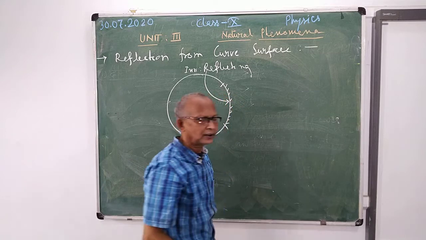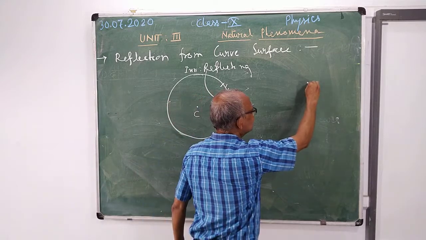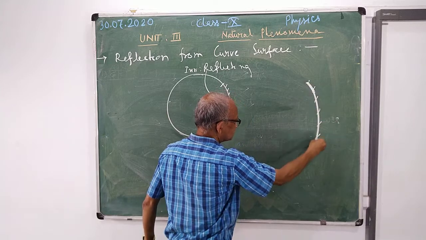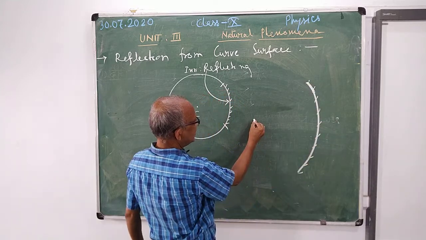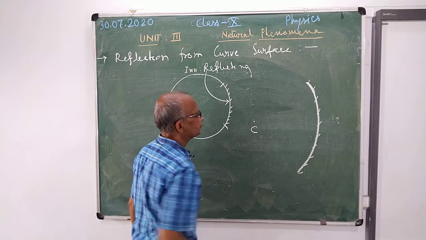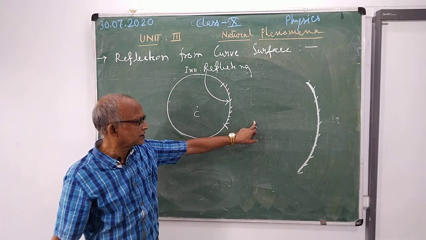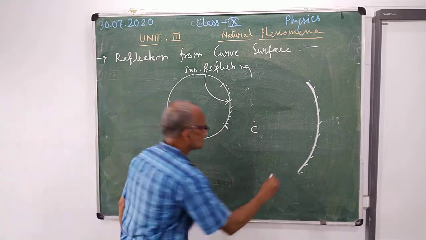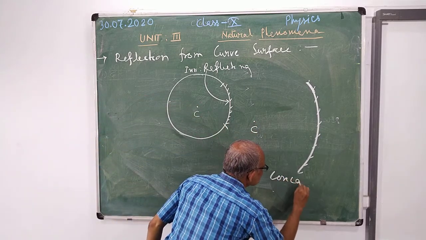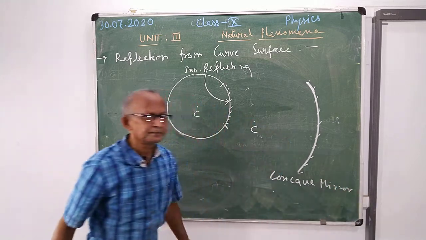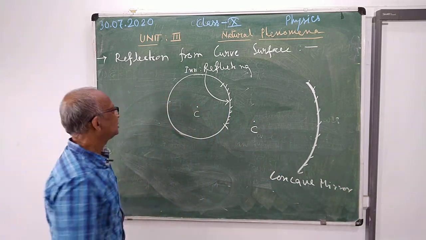So how can you draw the diagram of a concave mirror? Here is C, the center of curvature of the concave mirror. So this is a concave mirror.